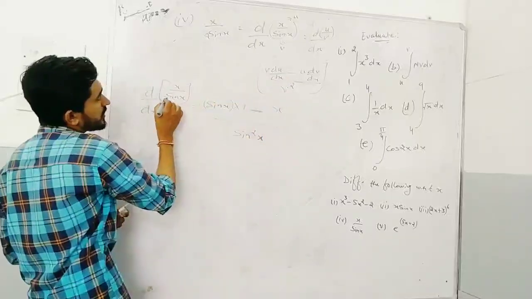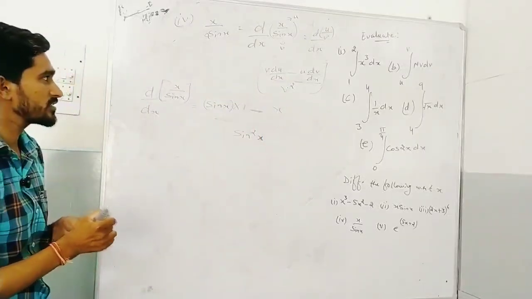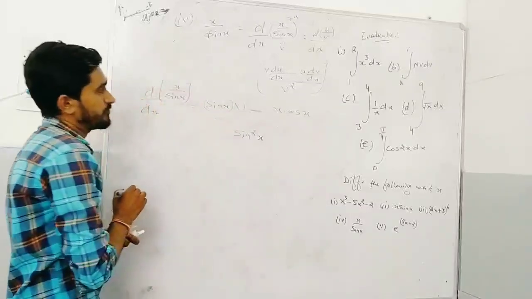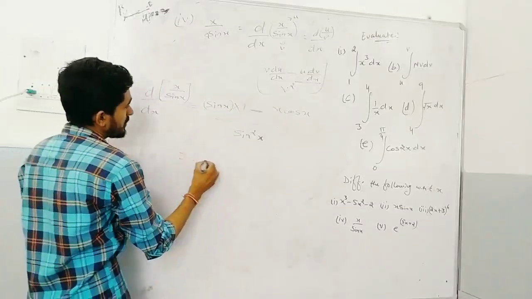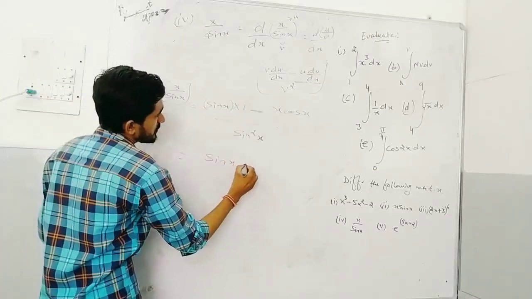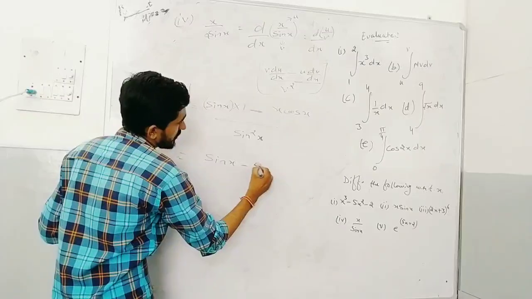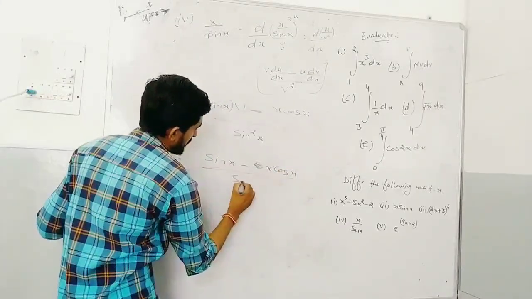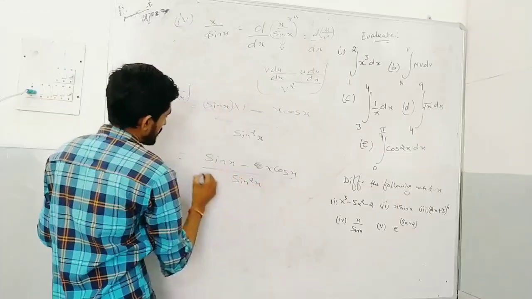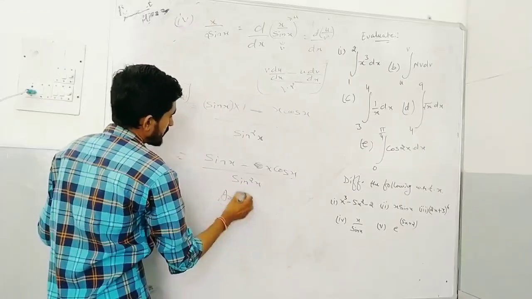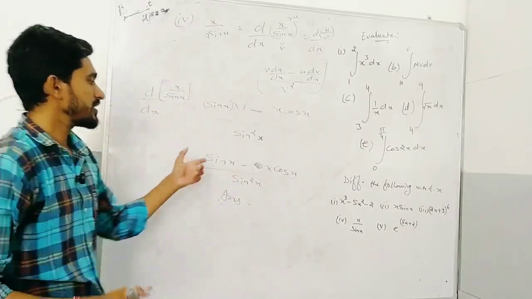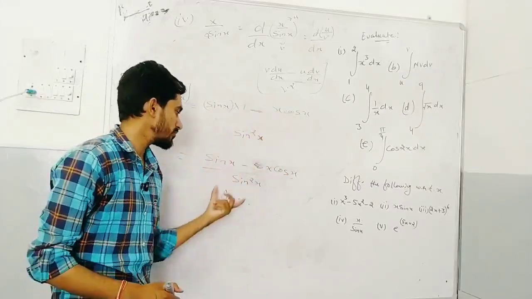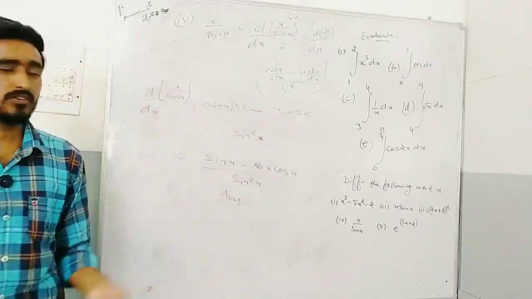Differentiation of v, differentiation of sin is cos x. Then my final answer will be sin x minus x cos x upon sin square x. This is what is written: sin x minus x cos x upon sin square x. This is my final answer for the fourth part.